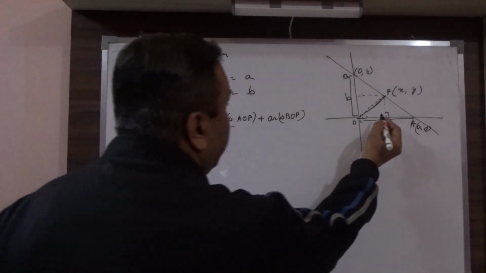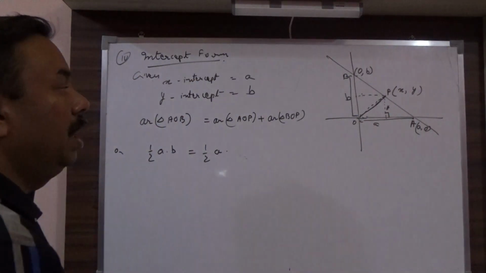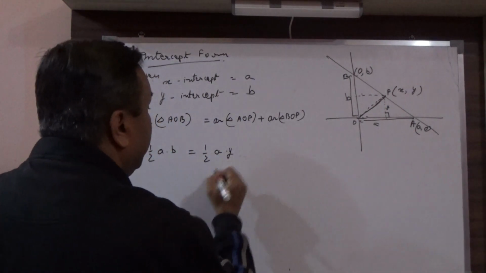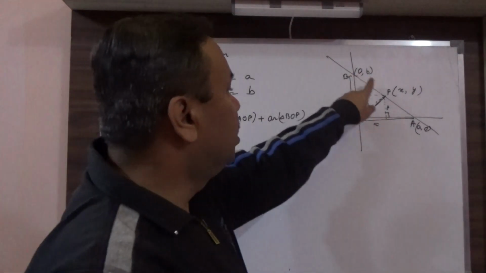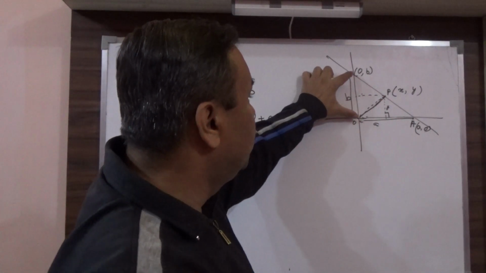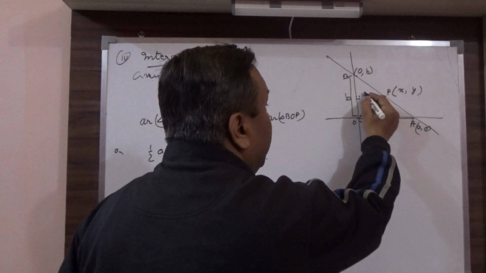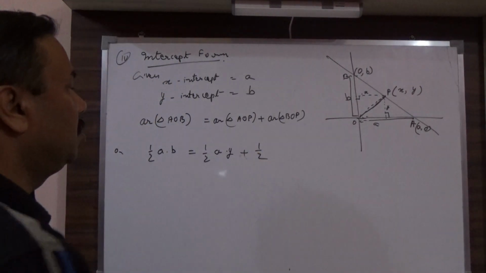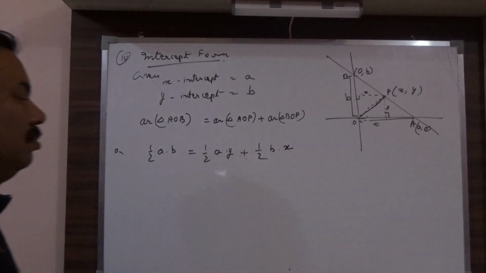This length will be the y coordinate, that is Y. So it will be half of A into Y, plus, in triangle BOP, similarly, B is taken as the base, the perpendicular length will be equal to X. So it will be half of B into X.